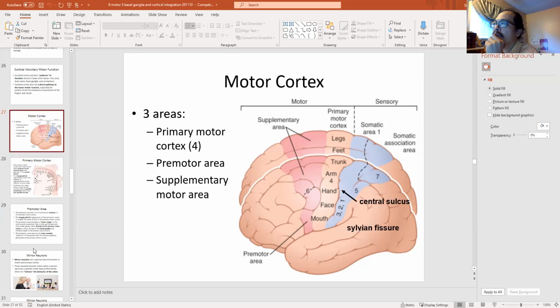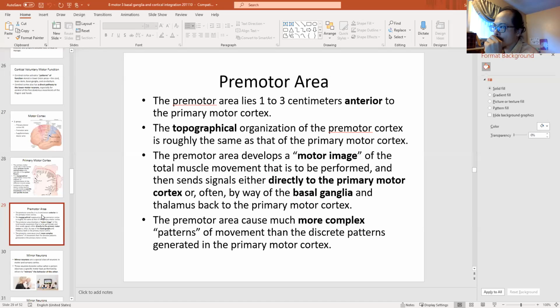This premotor area is very similar to the primary motor area. This premotor area provides more complex patterns stored in the local area.